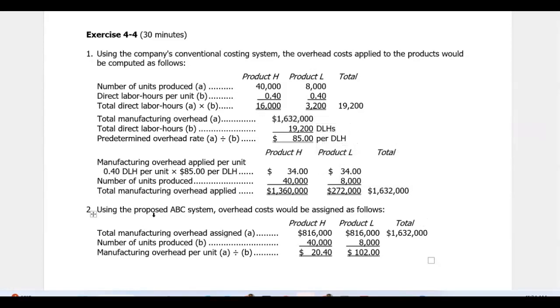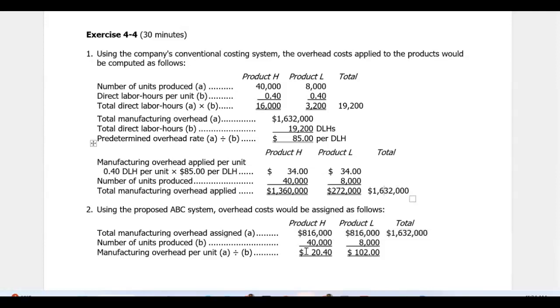Now, using the proposed ABC system, overhead costs would be assigned as follows. Total manufacturing overhead is 816,000 and 816,000, total $1,632,000, which is again the same as here.